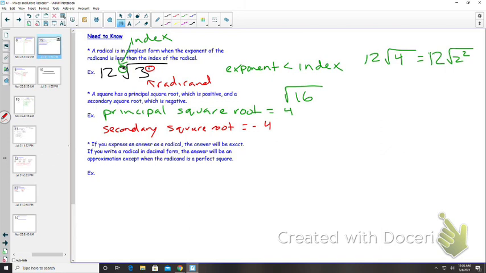Lastly, if you express an answer as a radical, then the answer will be exact. If you put the radical in decimal form, the answer will be an approximation, except for when the radicand is a perfect square. So for example, root 12 is equal to root 2 times root 2 times root 3, which is equal to 2 root 3. This gives us an exact value.